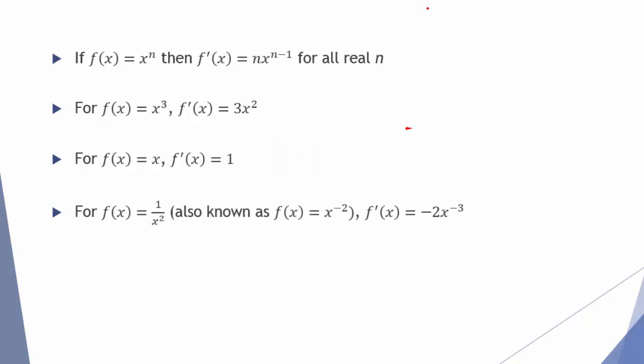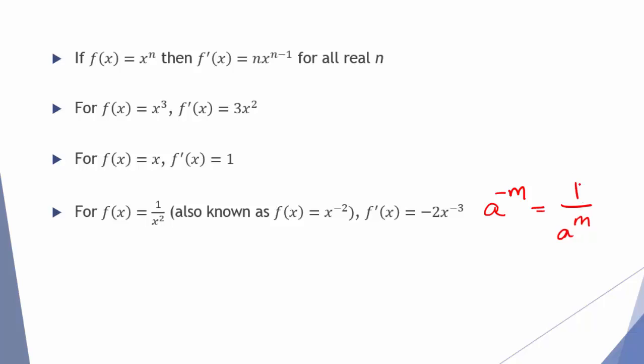If you have f of x equals 1 over x squared, now we don't technically at this point know how to take the derivative of a function that contains a ratio. But what you can do is rewrite this as f of x equals x to the negative 2. That's using the exponential rule that says if you have a raised to the negative m, that's the same thing as 1 over a raised to the positive m.